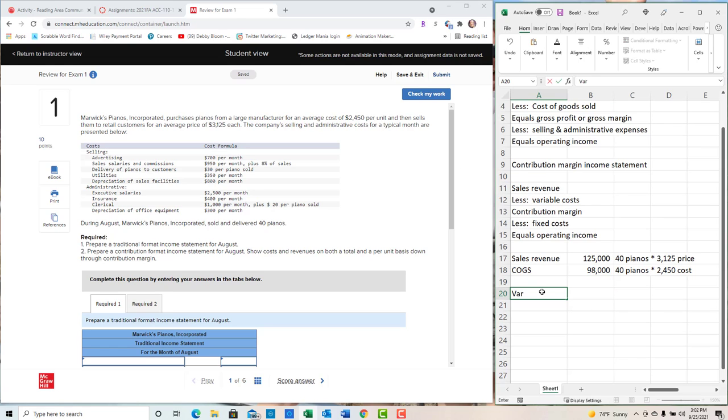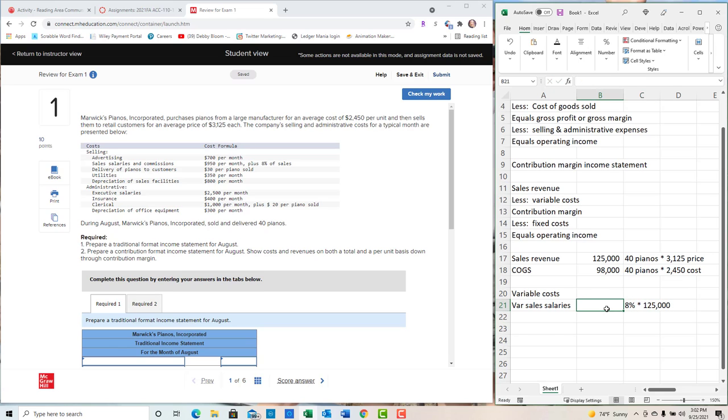So we're going to calculate our variable costs. And we have the variable sales salaries and commissions. So to calculate our variable sales salaries and commissions, we're going to take the 8% of sales. So notice our sales revenue is $125,000. So what we're going to do is we're going to take 8% of $125,000.